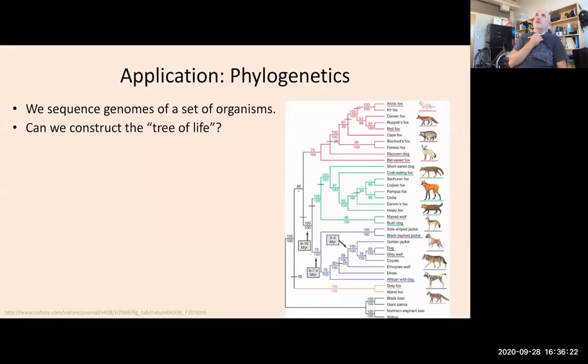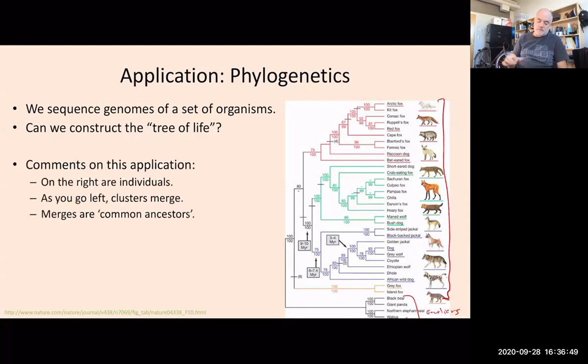There are a huge number of applications of hierarchical clustering. If we sequence the genomes of a set of organisms, let's look here at a bunch of dogs and, importantly, some outliers, dog-like animals. Can we construct a tree of life? Can we figure out the divergence of one species from the next?